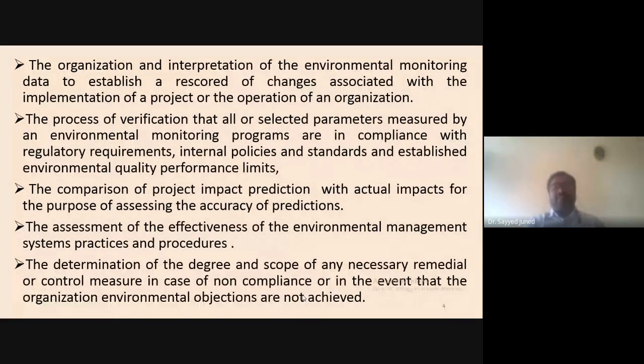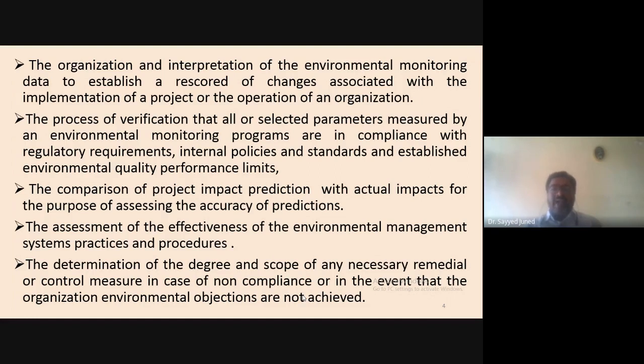In this procedure of the environmental audit, we identify some parameters. We need to show the organization of monitoring of the different record changes. Second, the selected parameters measured by the environmental monitoring programs are in compliance with regulatory requirements or internal policy standards established by environmental performers. The next is comparing the project impact prediction with the actual impacts, for the purpose of assessing the accuracy of the prediction.